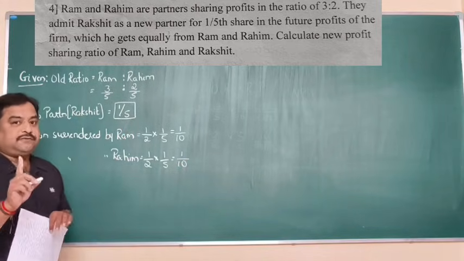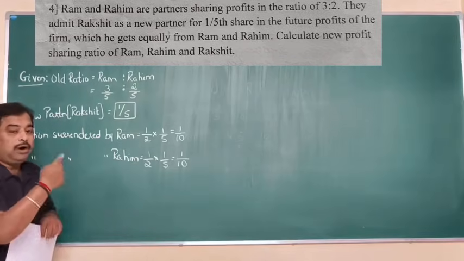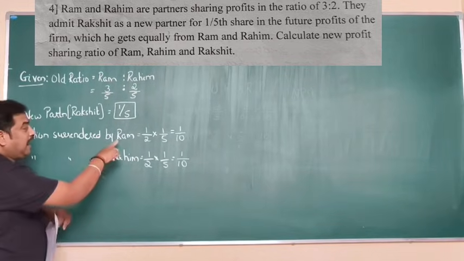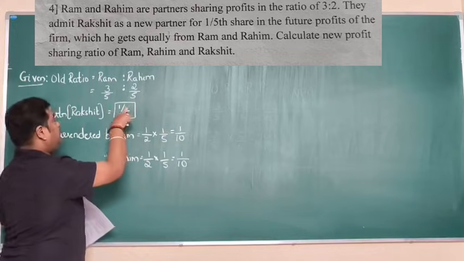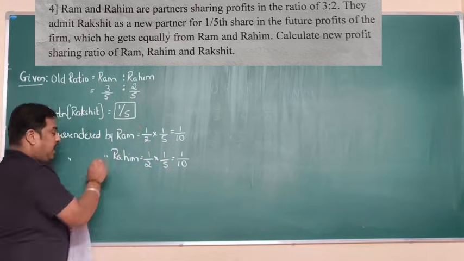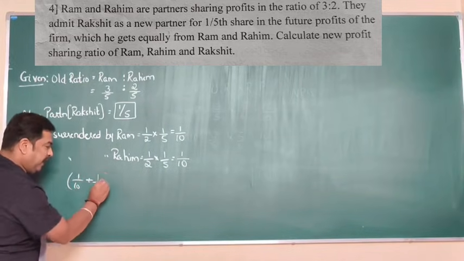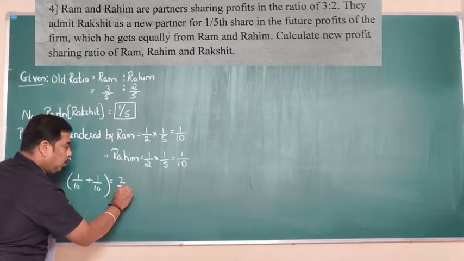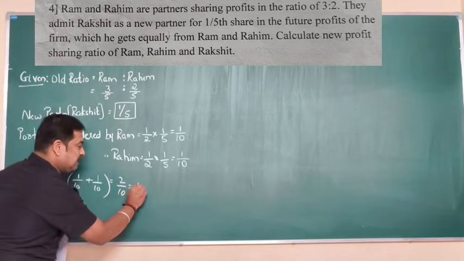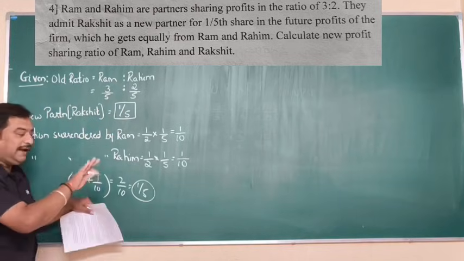Now students, if you want to confirm whether you have done it right, Ram has given 1/10 share to Rakshit and Rahim has given 1/10 share. If you add 1/10 plus 1/10, you get 2/10, which is 1/5, that is Rakshit's share. That means what we are doing is right.